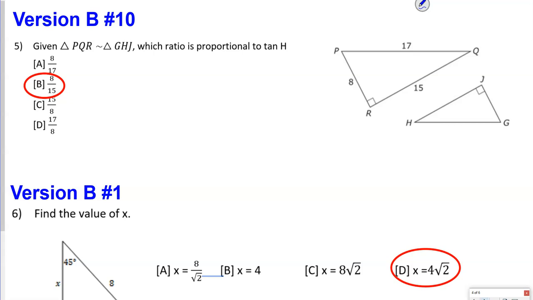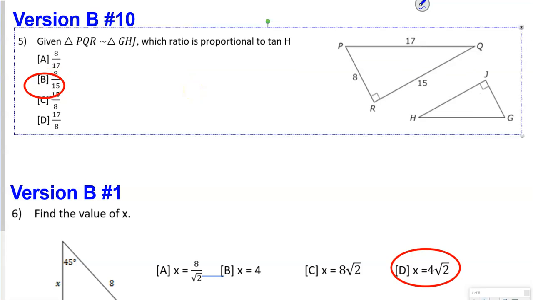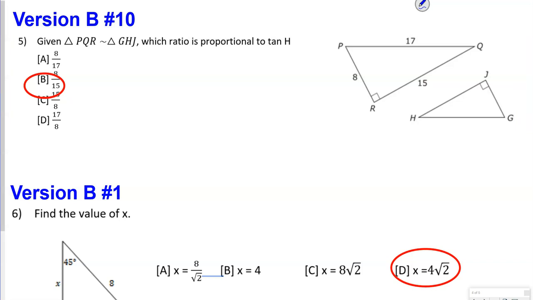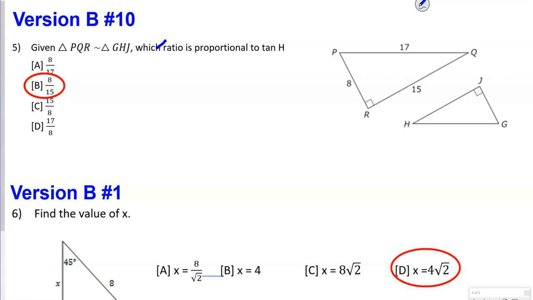All right, so the next one says, given triangle PQR is similar to triangle GHJ, which ratio is proportional to tangent of H? Well, I don't have any angles in the second triangle. So I want to see what's similar.